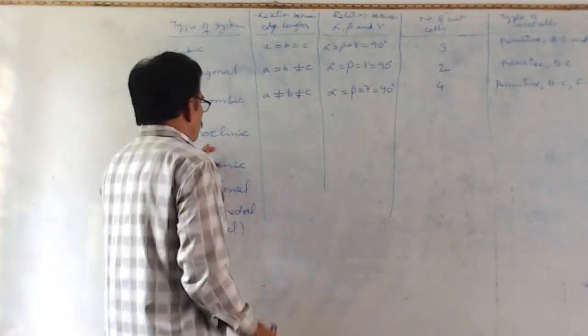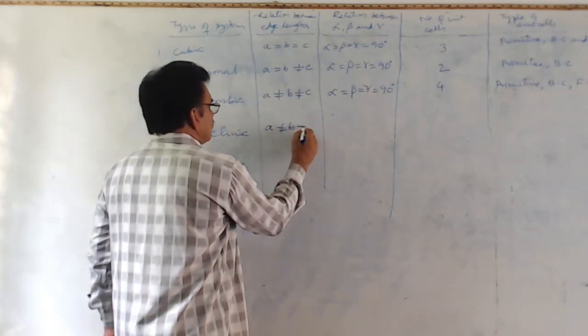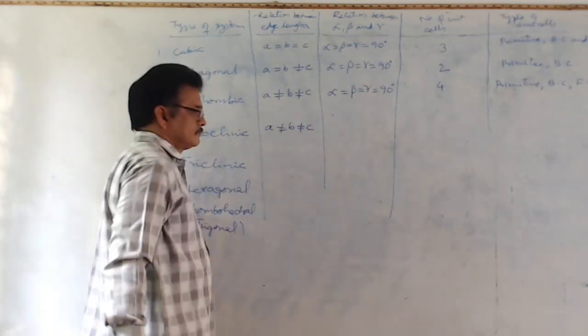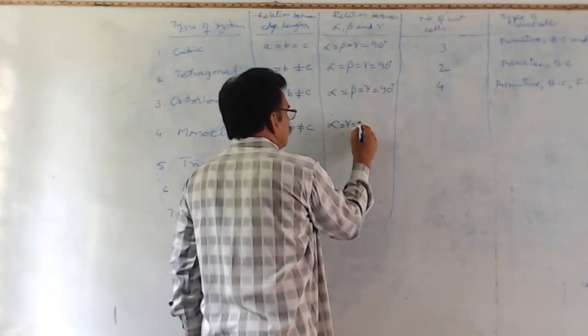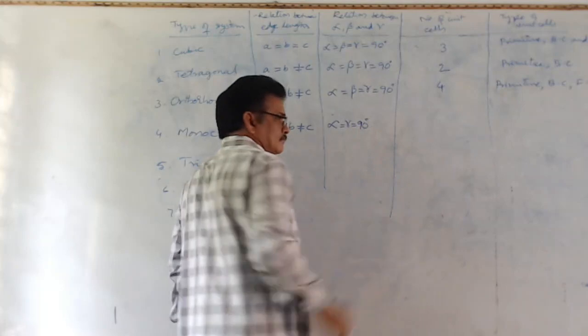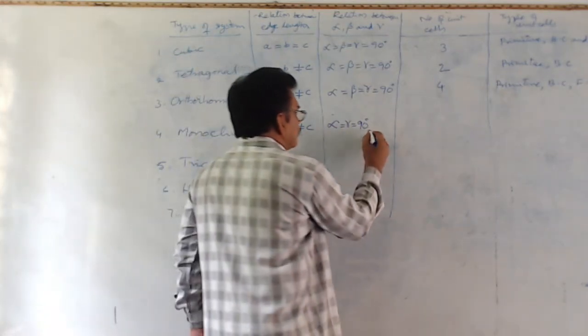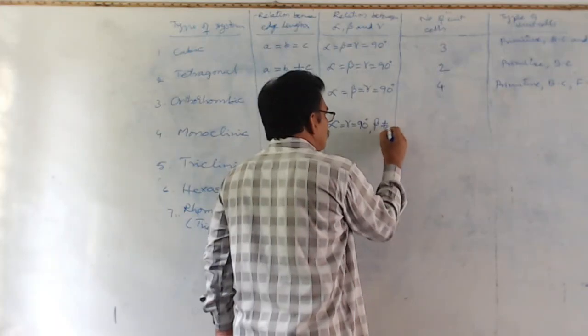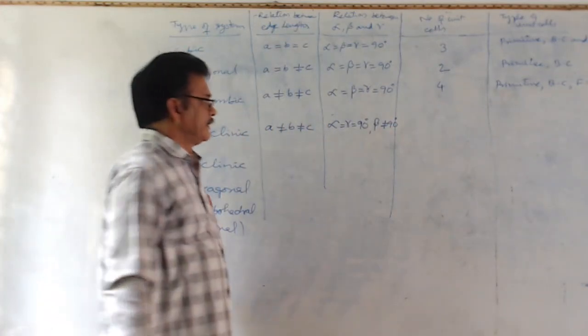Next, in the monoclinic system, here also the edge lengths are different. Alpha is equal to gamma is equal to 90 degrees, but beta is not equal to 90 degrees.